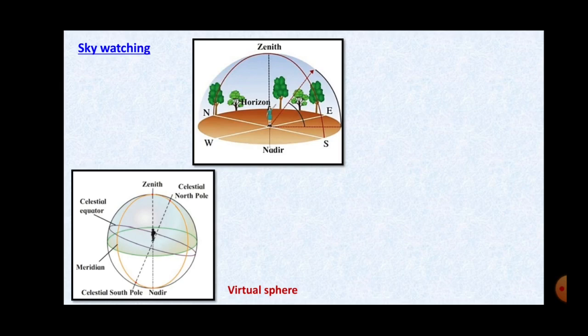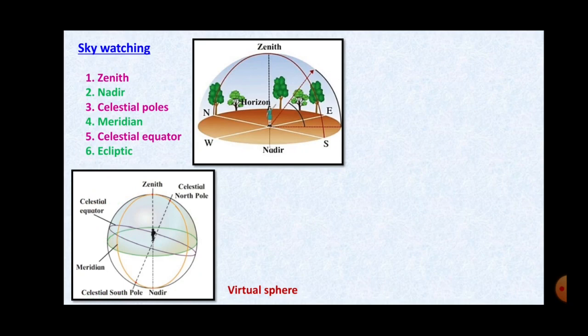And the last remaining is ecliptic. Now, what is ecliptic? The earth moves around the sun, but if we see from the earth, the sun appears to move along a circle on the celestial sphere.